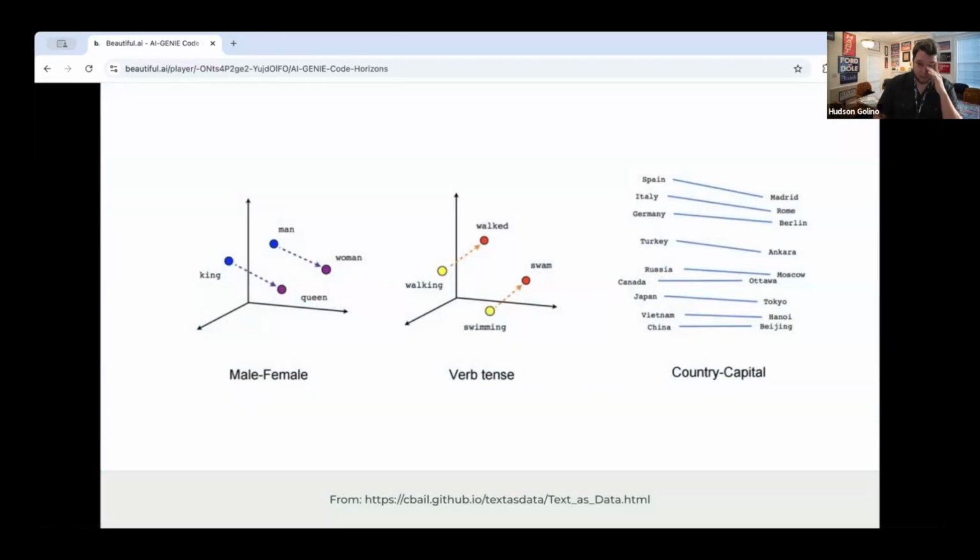Here are some examples of word embeddings and traditional representations. If we project these high dimensional vectors into a three-dimensional space, we can see, for example, that the words man and woman are closer, that walking and walked are closer, and so on and so forth.